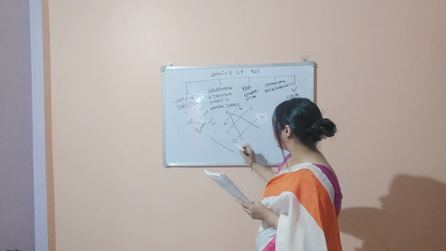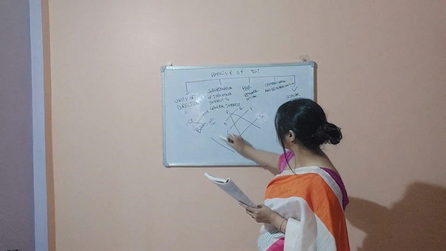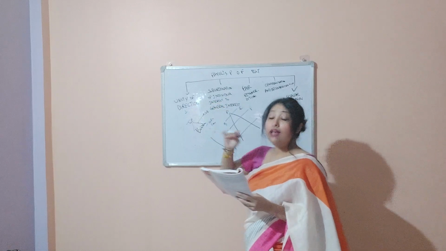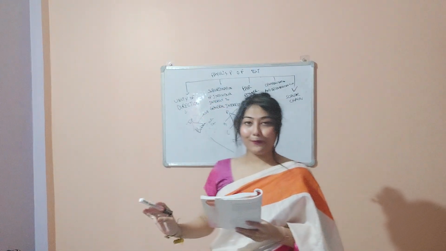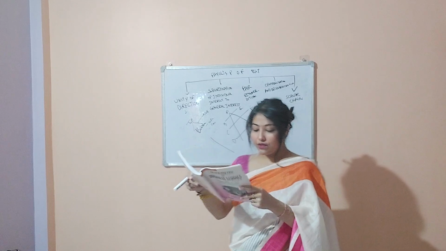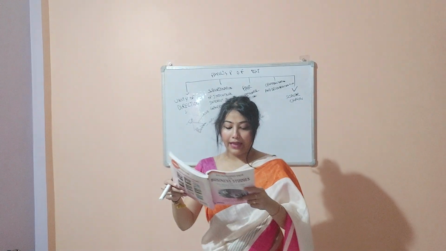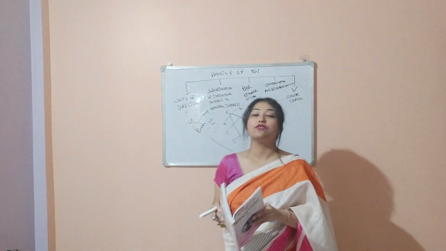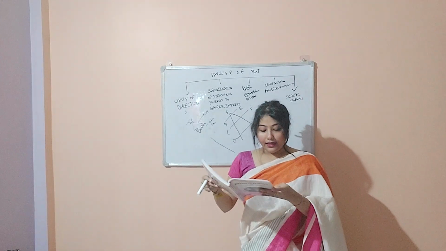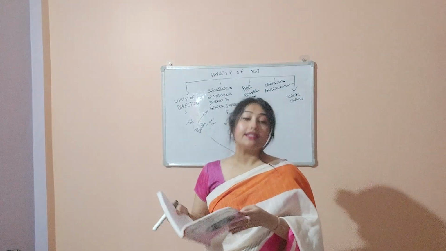Apart from that, it will be going from B to A, not directly from one to another. This is called the scalar chain. You got it now? The function of the scalar chain is to determine the line of authority, which means top to bottom, bottom to top. Now it comes as a chain of command.